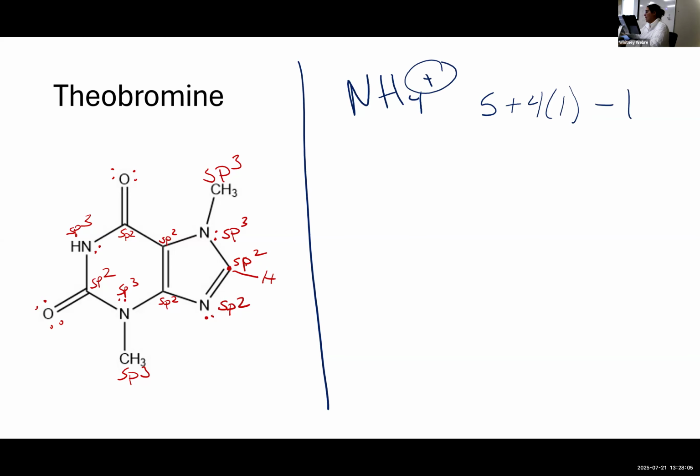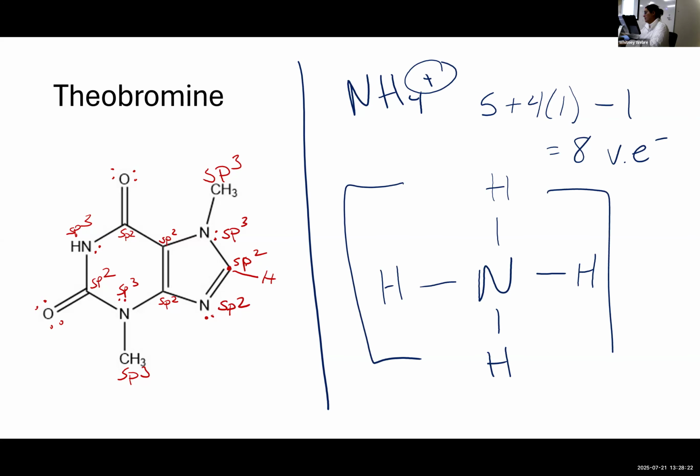So 5 plus 4 is 9, minus 1 is 8 valence electrons. So the central atom is nitrogen. 2, 4, 6, 8. This is the Lewis dot structure for NH4 plus. But you have to put it in brackets, and you have to put the charge out top right, just like this. Okay.